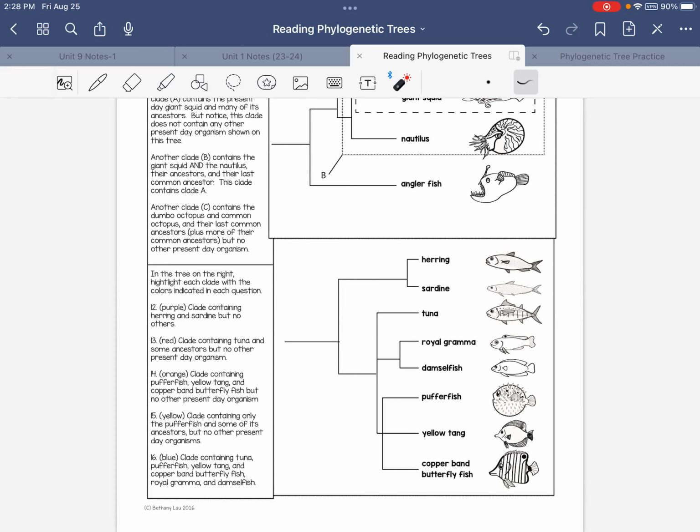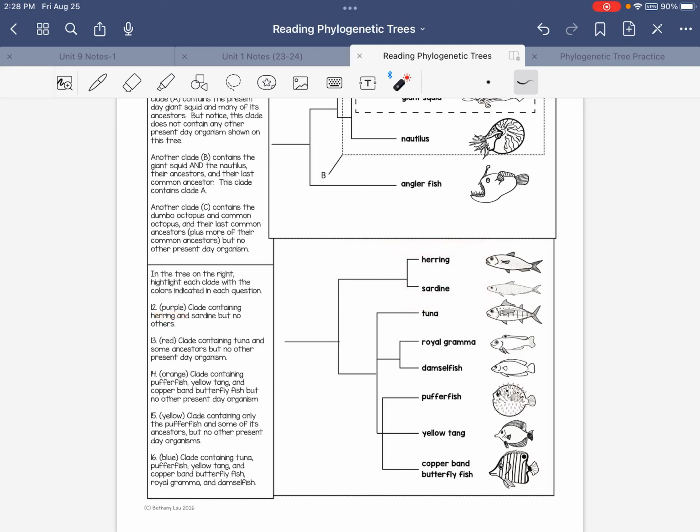So for number 12, it says clade containing herring and sardine, but no others. Oh, our sardine is here. Our herring is here. So we're going to group these off, and you can just put a box around those. And I think it says in purple specifically. So go through those.